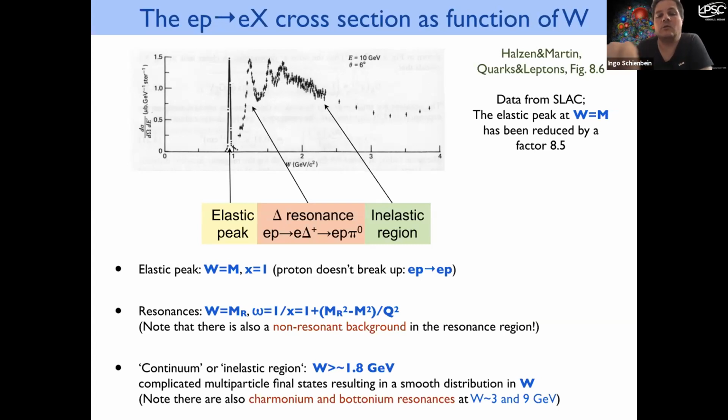Knowing that at W about 3 GeV, there are the charmonium resonances, and at W about 9 GeV, there are the bottomonium resonances. But typically in an analysis of deep inelastic scattering, one often imposes a cut on W to ask for W to be bigger than, say, 1.8 or 1.6 giga-electron volt to avoid these first resonances.